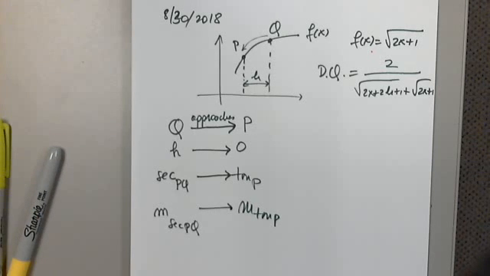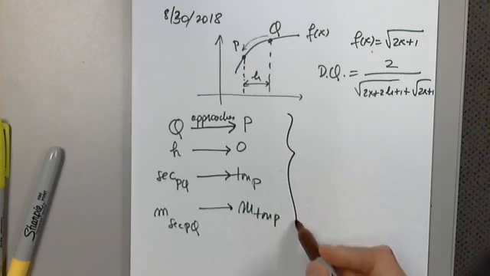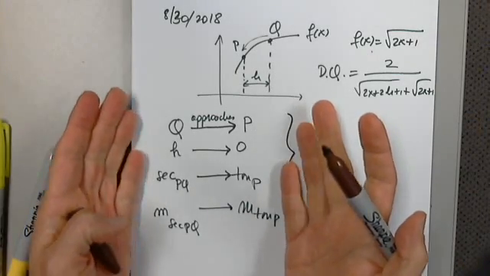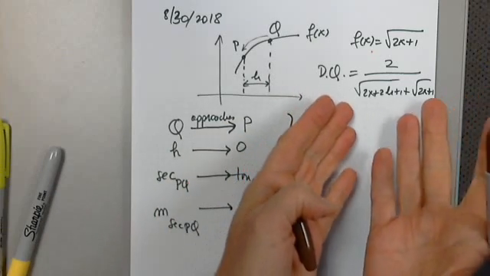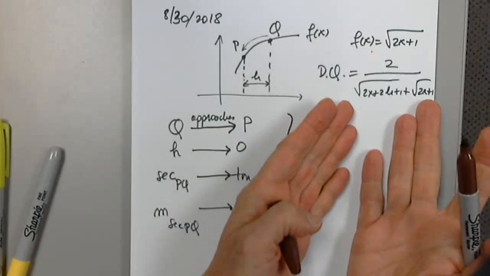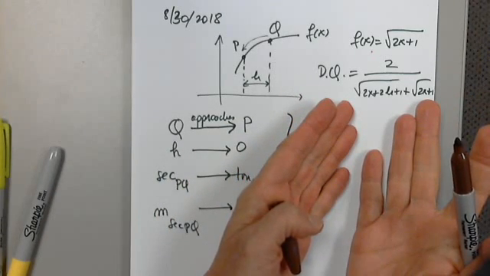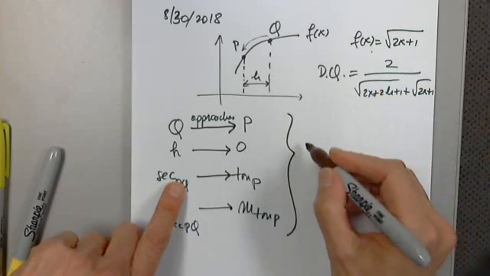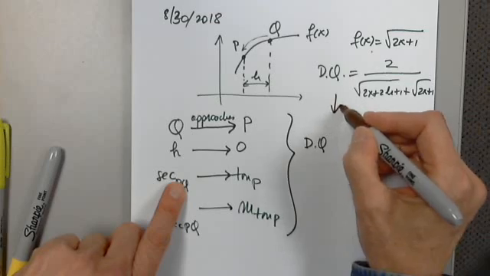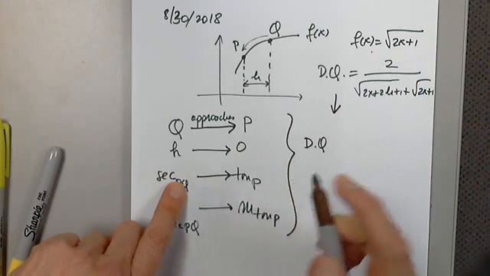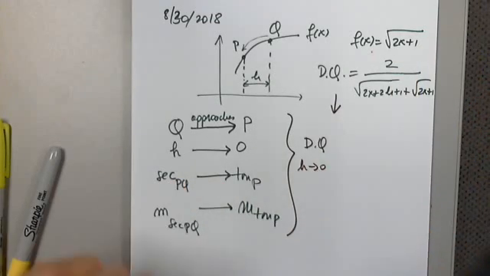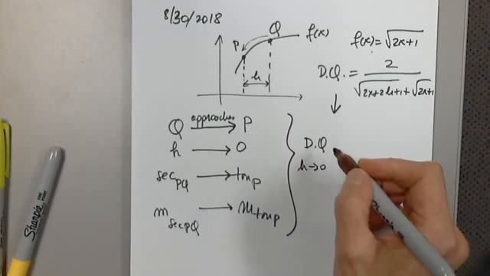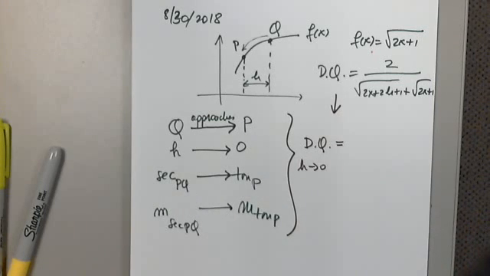Okay. So now I would like to look at this particular concept for what we just determined. Okay. So what happens to the difference quotient for this particular function as h approaches 0? What do you think it will equal to?